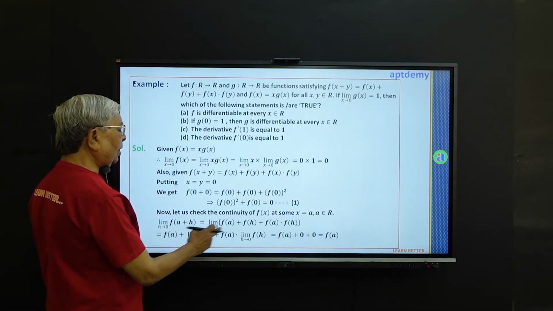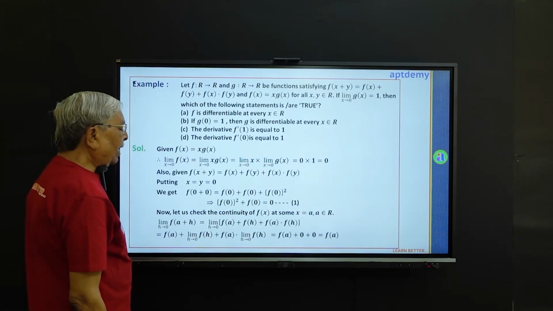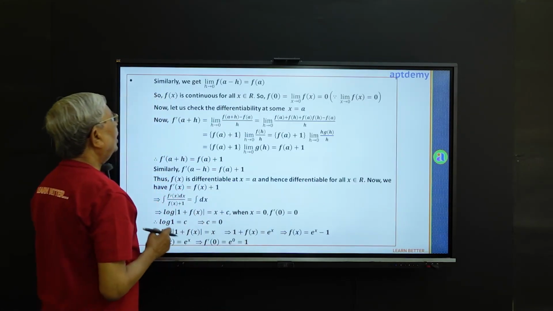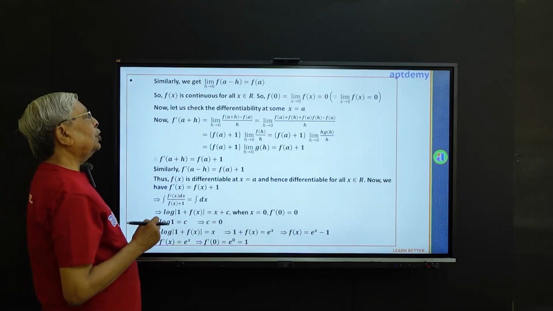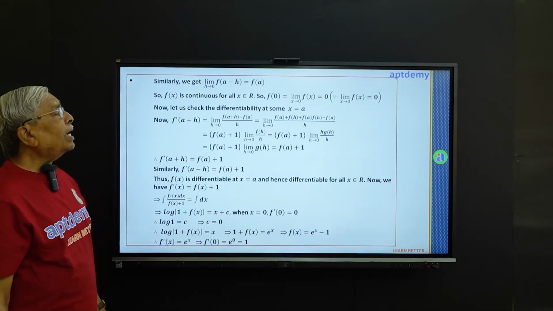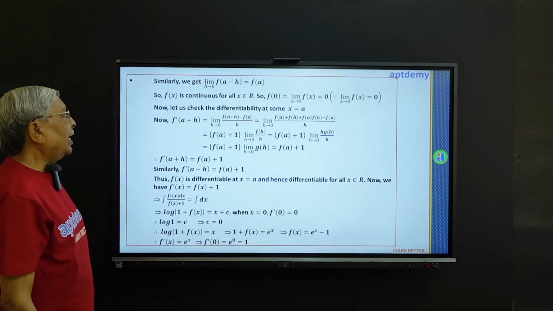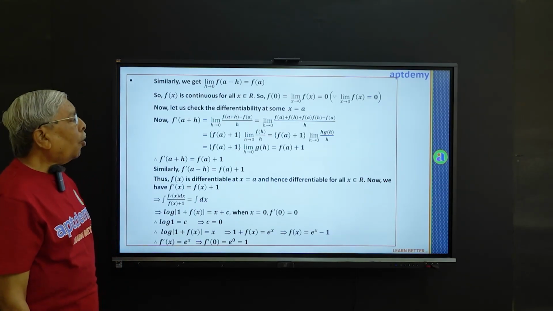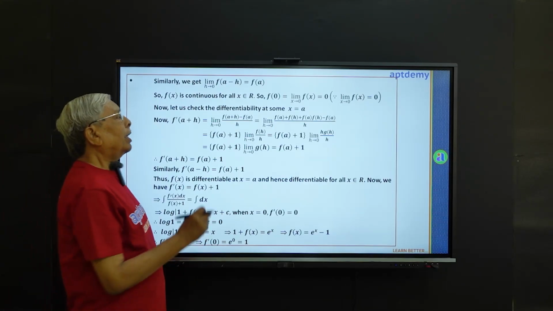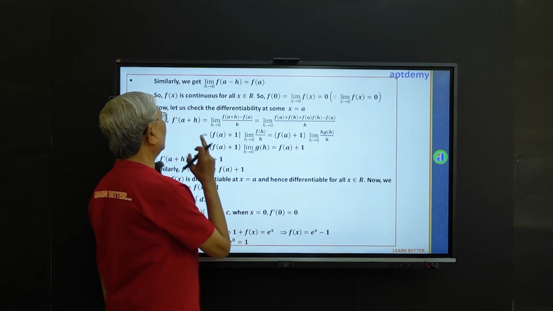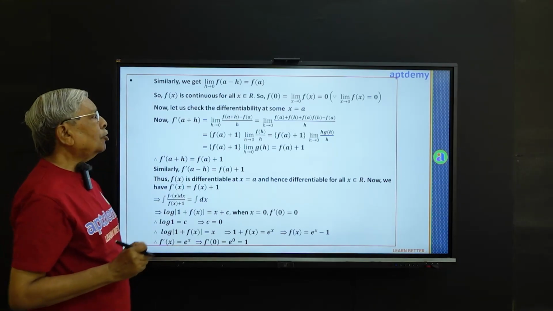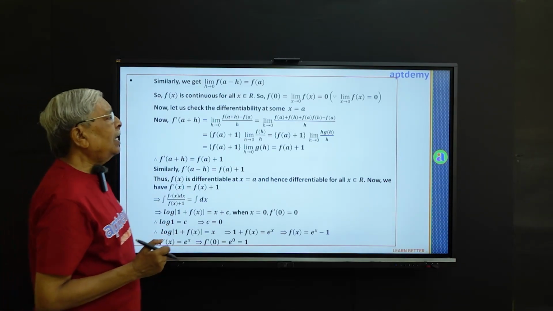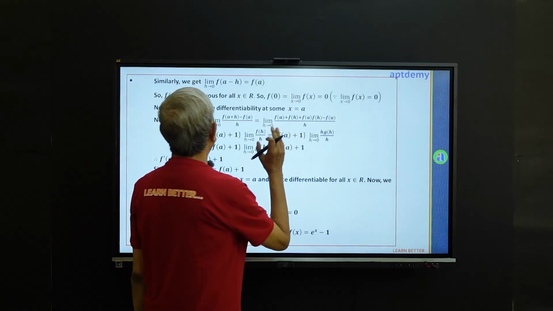So this is equal to f(a) plus 0, and this is equal to f(a). Similarly, limit h tends to 0 of f(a-h) equals f(a). So we can say that f(x) is continuous for all x belongs to R. So f(0) is equal to limit x tends to 0 of f(x), because it is continuous for all x, and that is equal to 0.